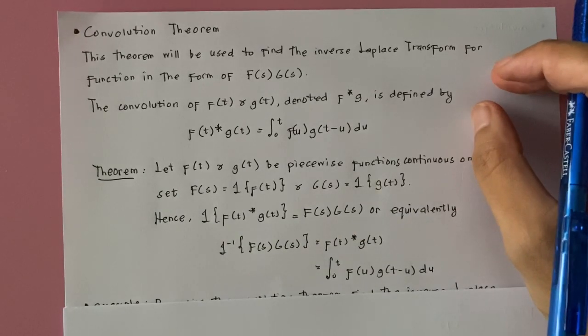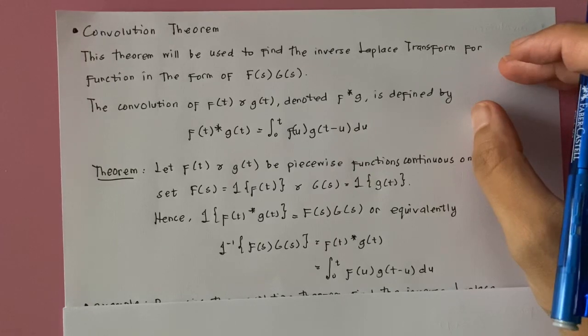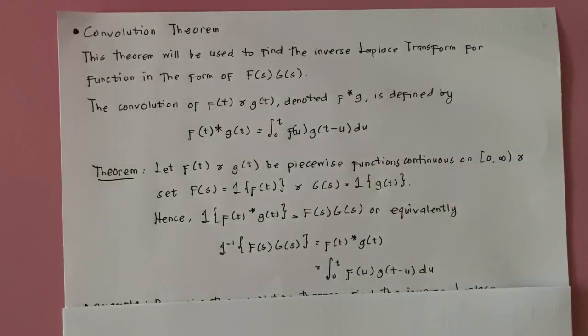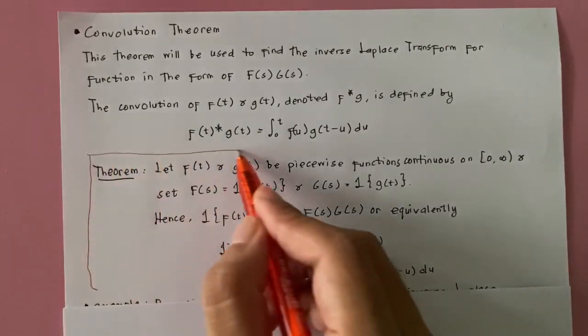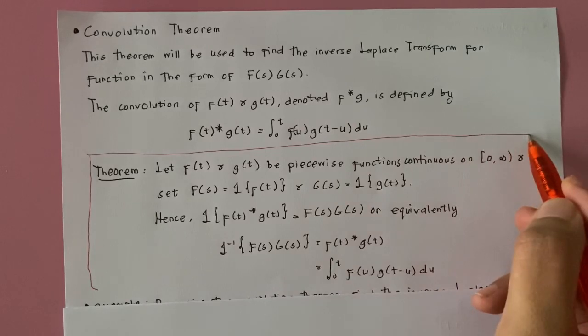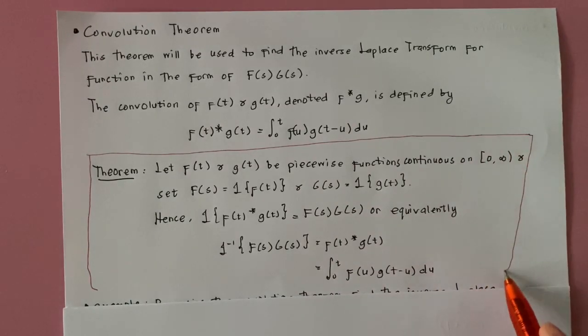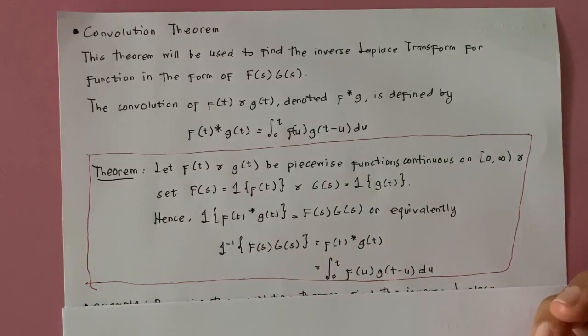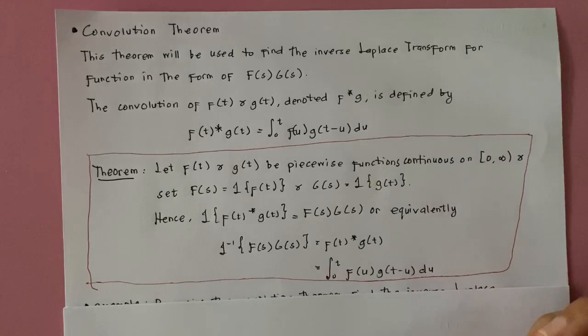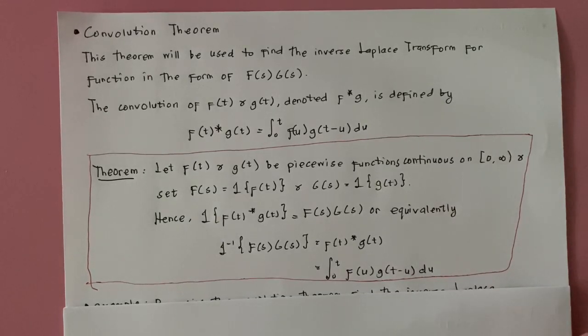The theorem says, let f(t) and g(t) be piecewise continuous functions on 0 to positive infinity. Set F(s) to be equal to Laplace of f(t), and G(s) is Laplace of g(t). Hence, Laplace of f star g is equal to F(s) G(s).